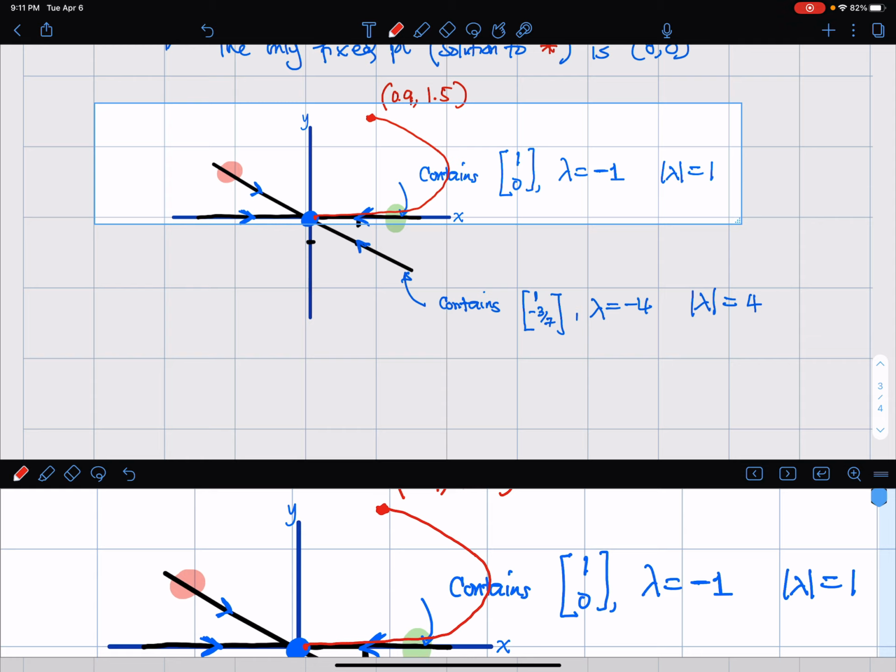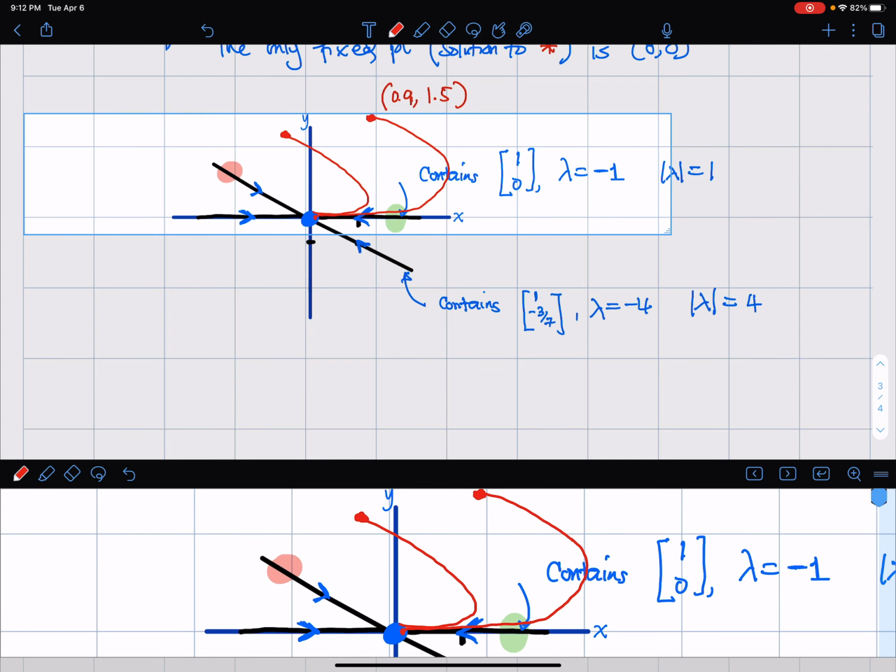If I start over here, for instance, I'm going to try to be parallel to the eigenvector corresponding to the eigenvalue with the larger magnitude, and then I'm going to become asymptotic to the eigenvector that corresponds to the eigenvalue with a smaller magnitude. So I'm going to go like this, like that.